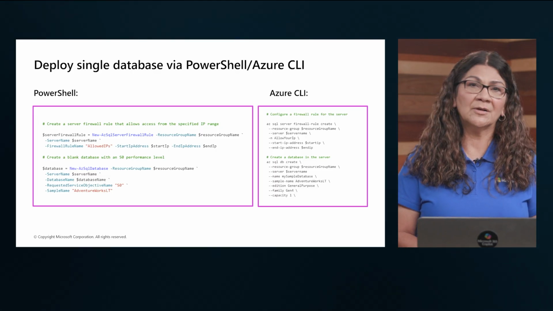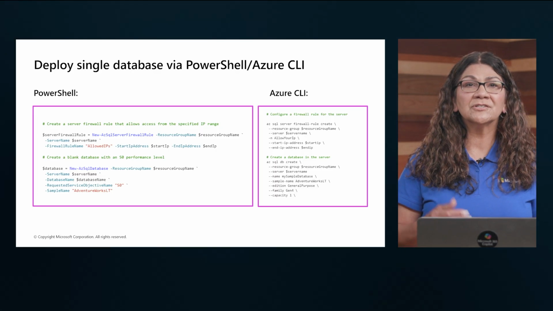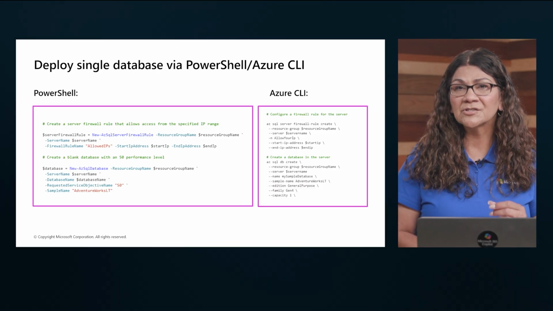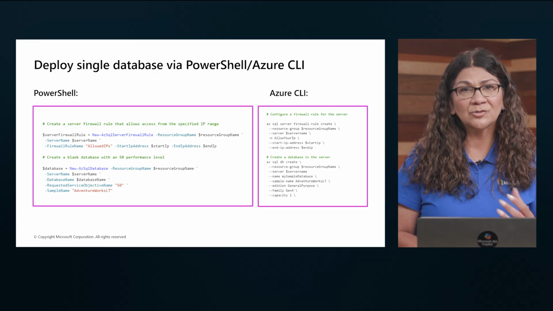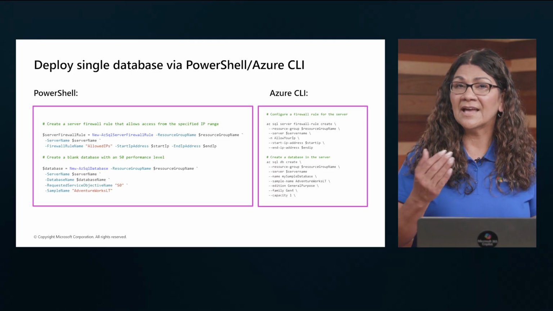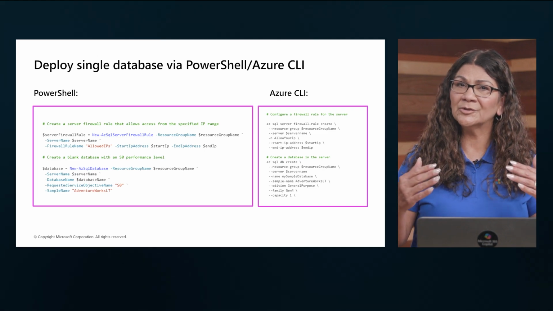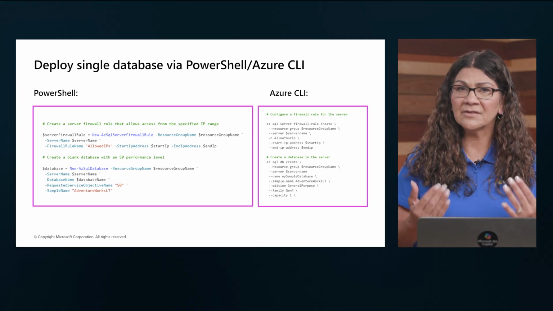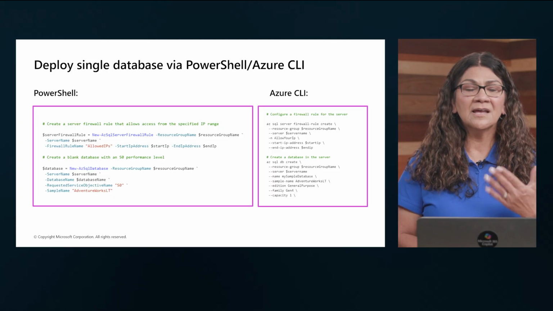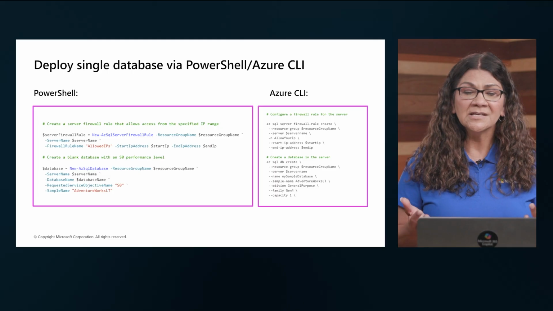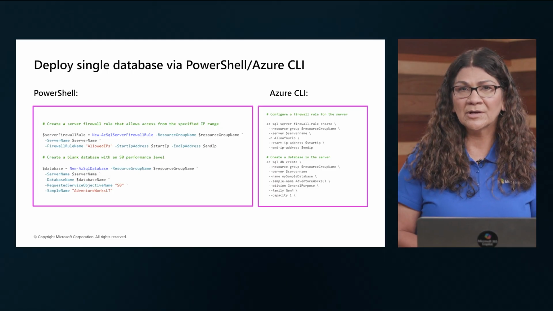Both of those commands are helpful here. While the Azure CLI script uses az sql server firewall-rule create and az sql db create. So they're similar, but a little bit different, both accomplishing the same tasks. And this will showcase the syntax differences and deployment flexibility. So it's really just a preference which one you might want to use here.